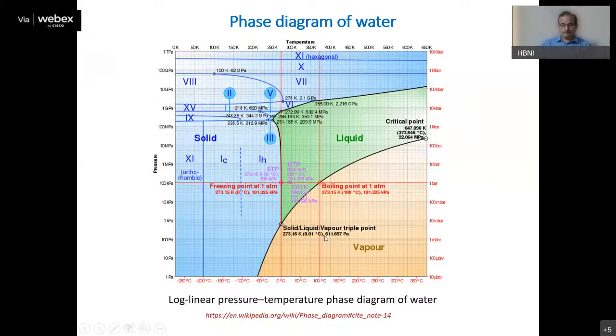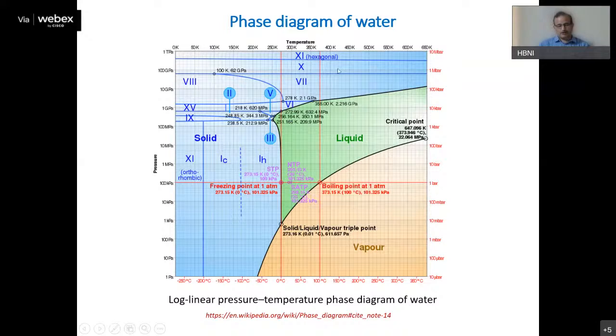But in fact, this is one of the interesting problems in high pressure physics, to study different phases of water at different pressure and temperature conditions in order to understand the phases of water in astrophysics at different thermodynamic conditions, at different planets, at different planetary interiors.